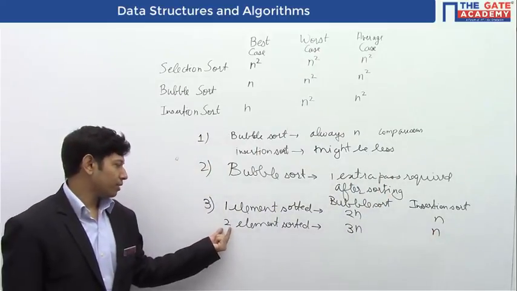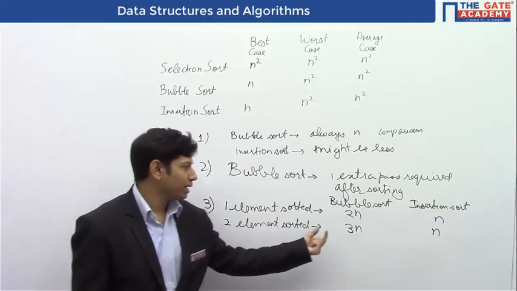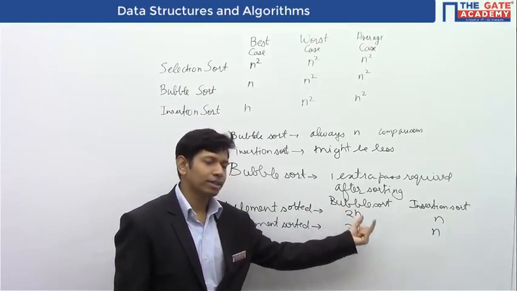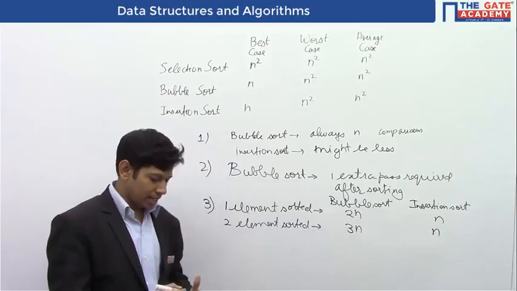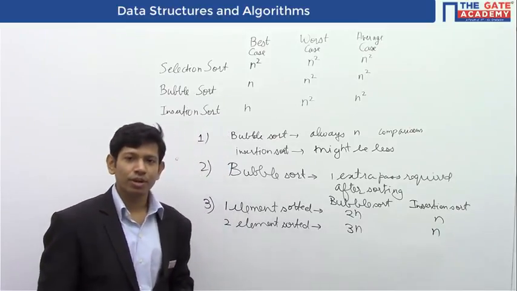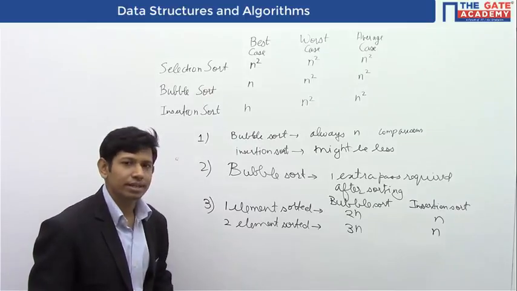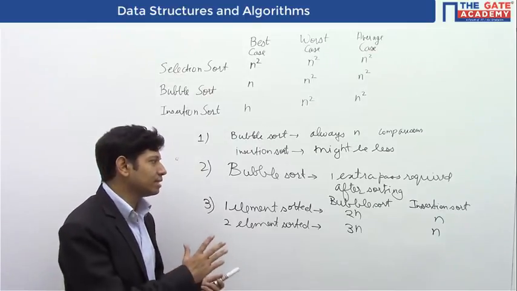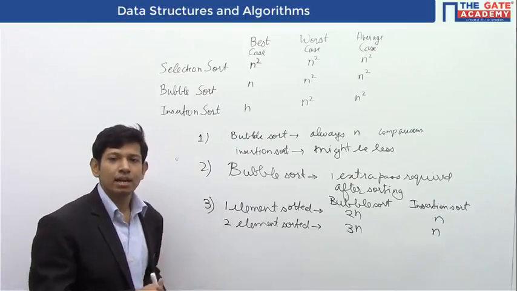Like this, for some number of elements, we can obtain the time required by bubble sort and insertion sort, and we can see that this time is more for bubble sort and less for insertion sort. So this is the third reason why in the best case, insertion sort performs better than bubble sort.